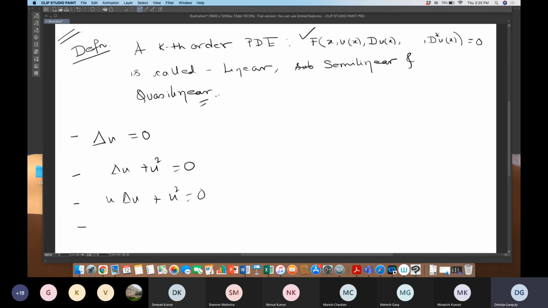And what is a fully non-linear example? Laplacian squared equal to 0, like this? Yes, sir. Okay.